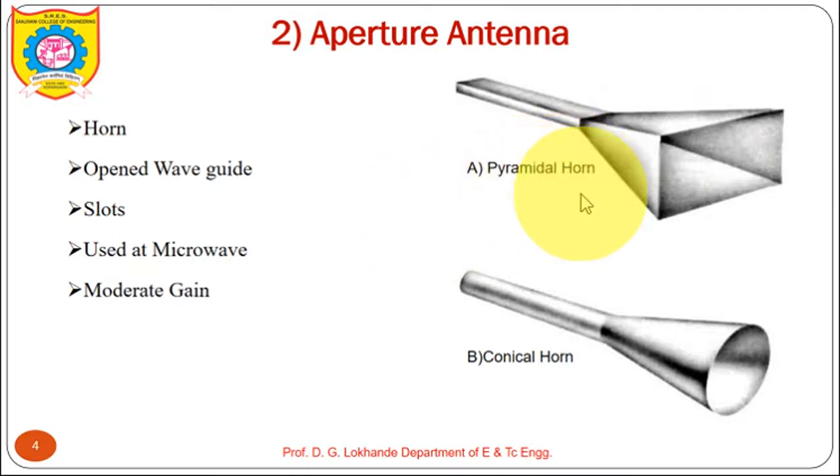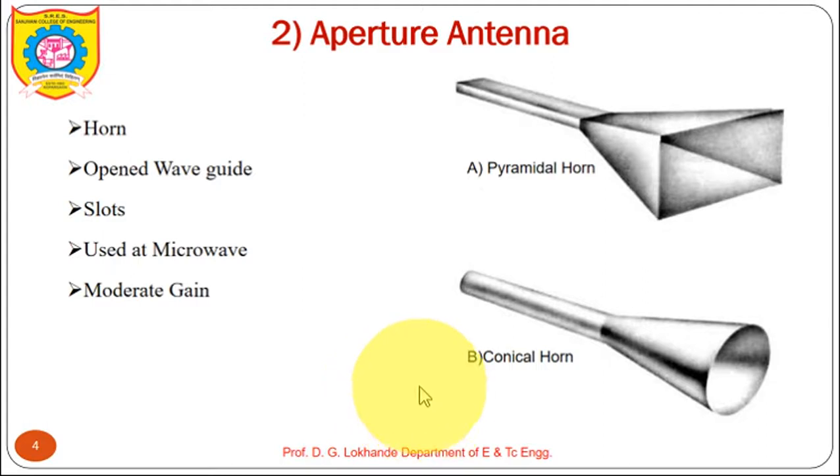Second, if you use a circular waveguide, then the opening end is circular in shape, and that's why it is called the conical horn. These aperture antennas are used specifically for very high frequencies, normally in the range of microwave frequencies.